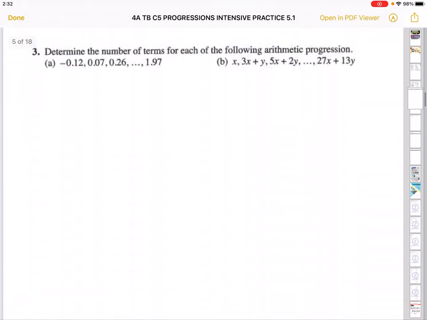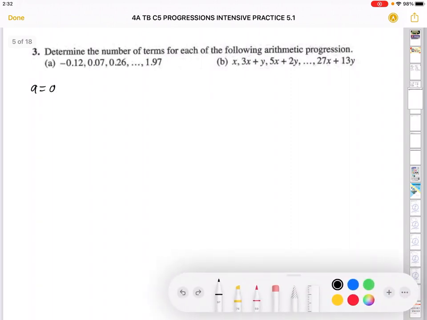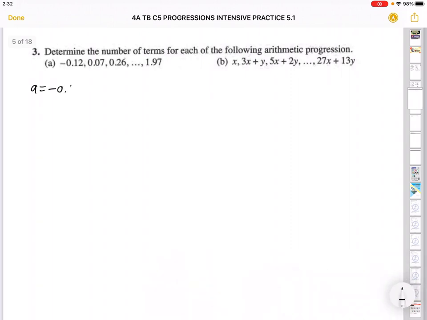Okay, moving on to question number 3. So we want to determine the number of terms. Again, you always have to start by identifying your first term and your common difference. So my first term is negative 0.12. My common difference will be T2 minus T1, which is 0.07 minus negative 0.12, so you get 0.19.